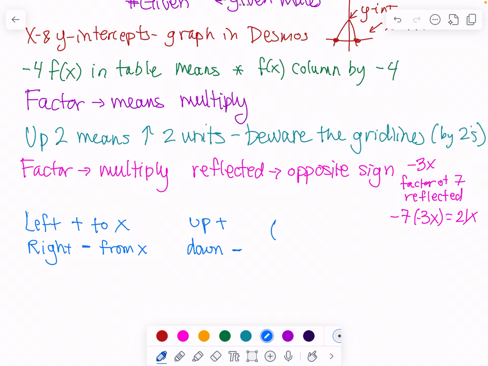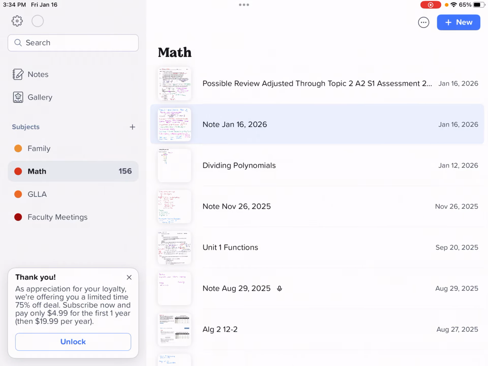So we did left 9, up 7, which would be x plus 9 squared plus 7. Okay, that's all I think I would need.